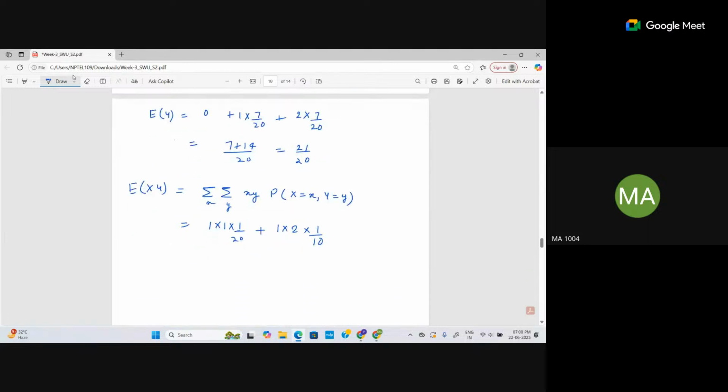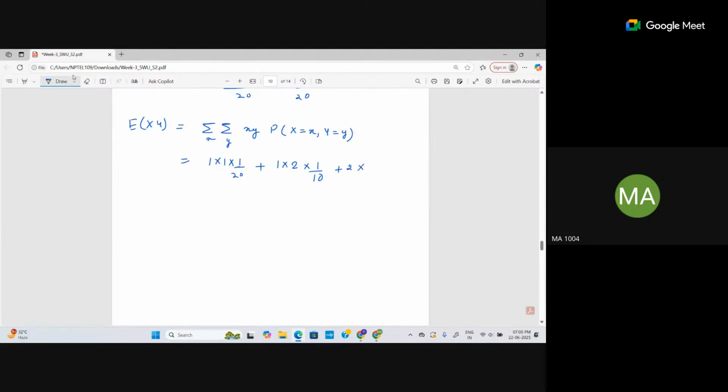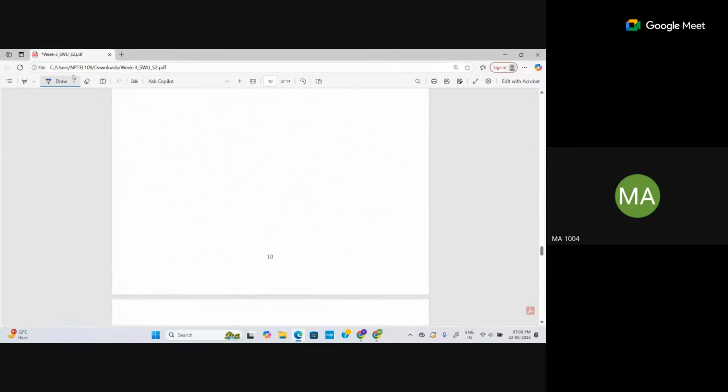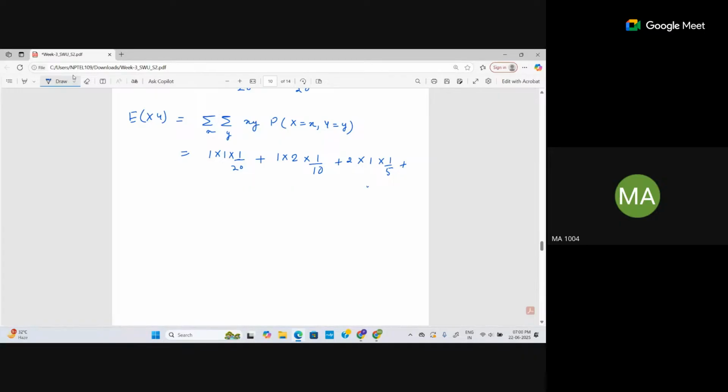And then the last term will be 2 into 2 into 1 by 20. Okay, is this step clear to everyone, how we have written these values? Yes, ma'am. Anyone else who has any doubt how we calculate this part?